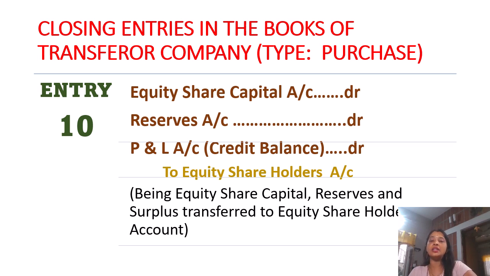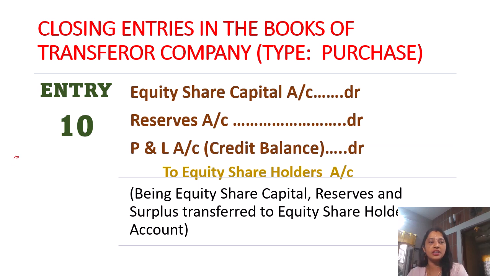Equity share capital will always have a credit balance. When you are transferring, you should show the opposite effect, so it will be debit. Equity share capital account debit. Reserve always has a credit balance. Now when you are passing a transfer entry, it will be debited. Reserves account debit.